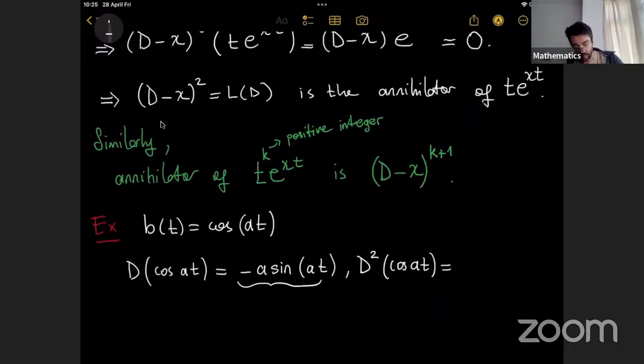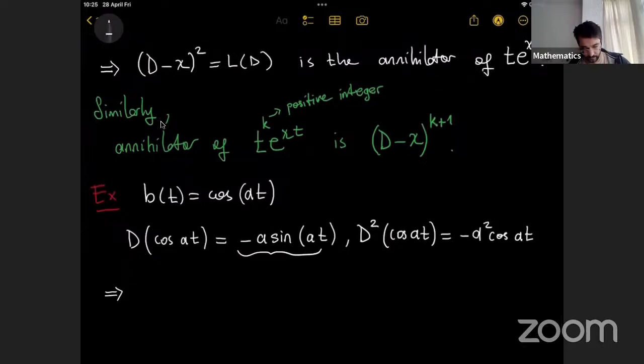You will get another a, minus a squared cosine at, which implies d squared plus a squared cosine at is equal to 0, right?